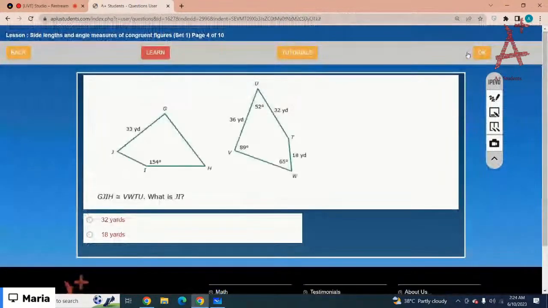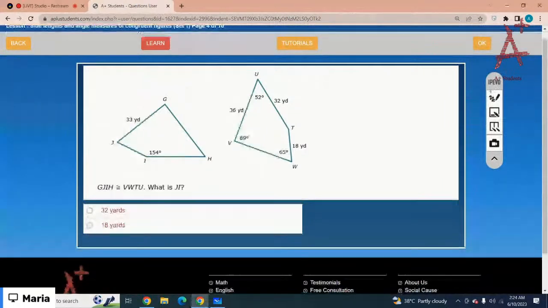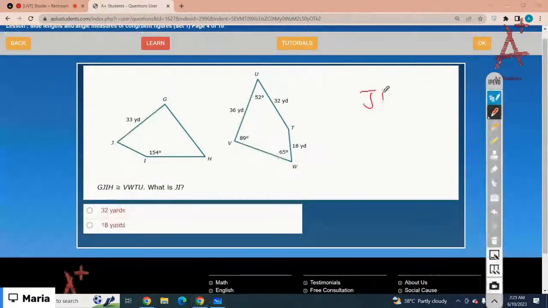Okay, GJIH is corresponding to VWTU. What is JI? So JI is congruent to, you can see here, WT.